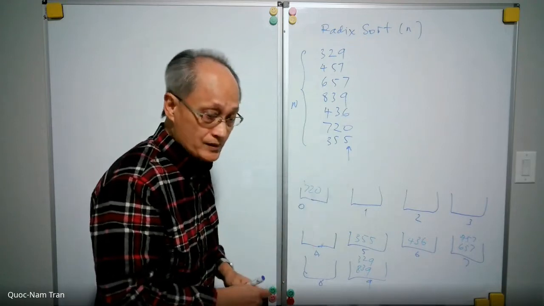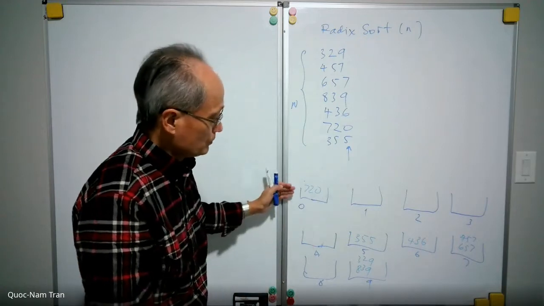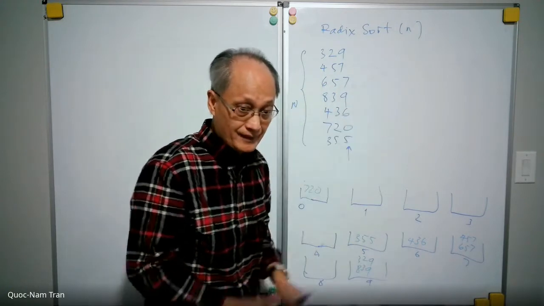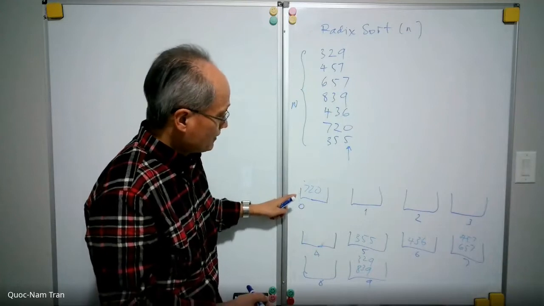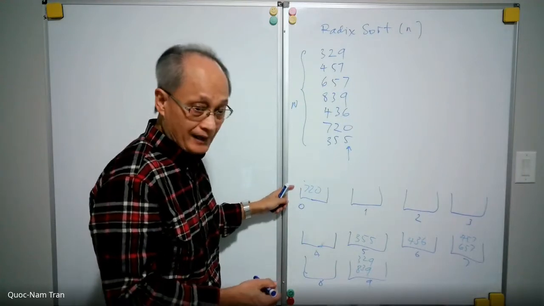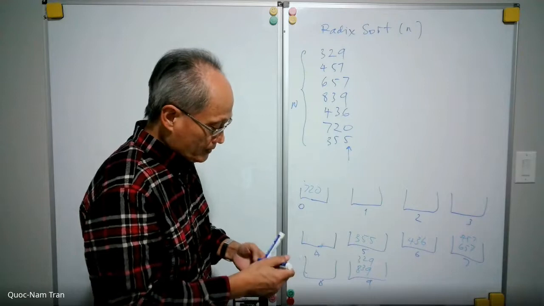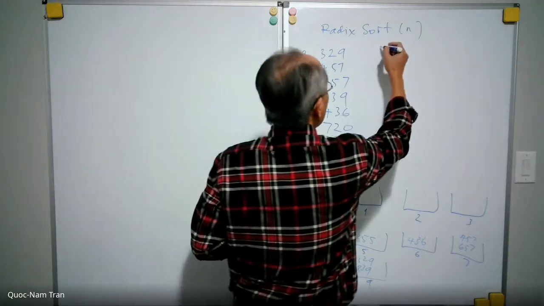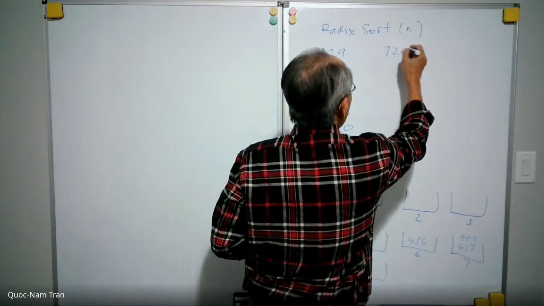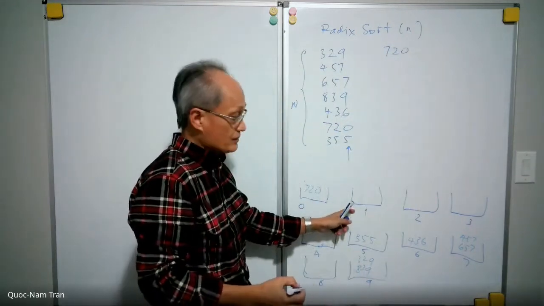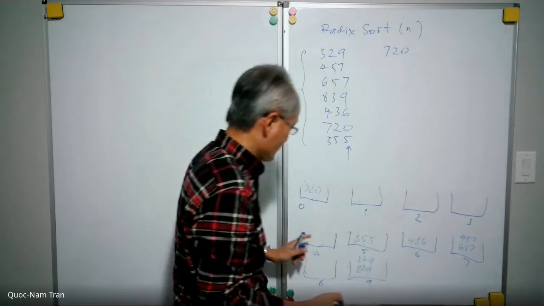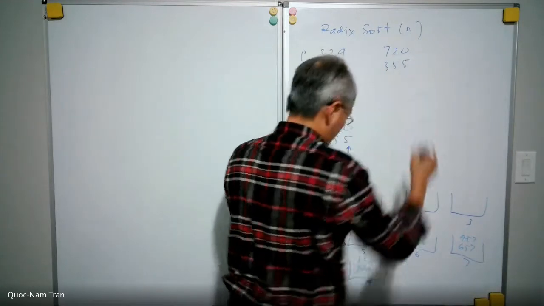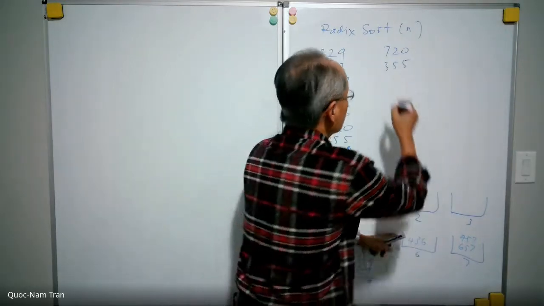And what we will do is that we will try to copy the numbers back. Starting from bucket 0, we will write down 720. And then these buckets have nothing, nothing, nothing. And then here we have 355. Here we have 436.